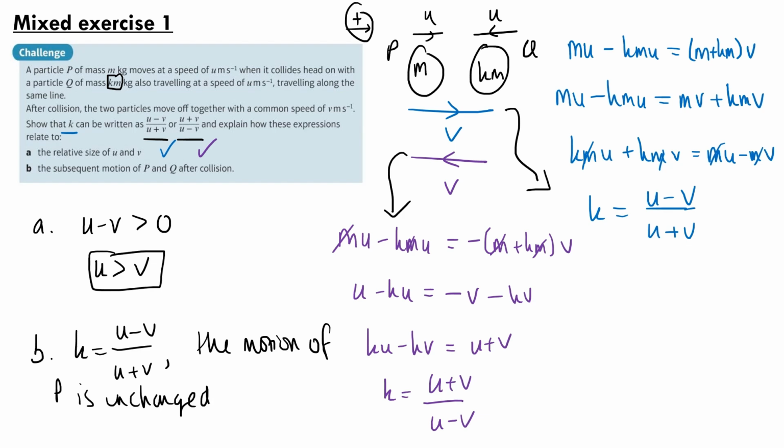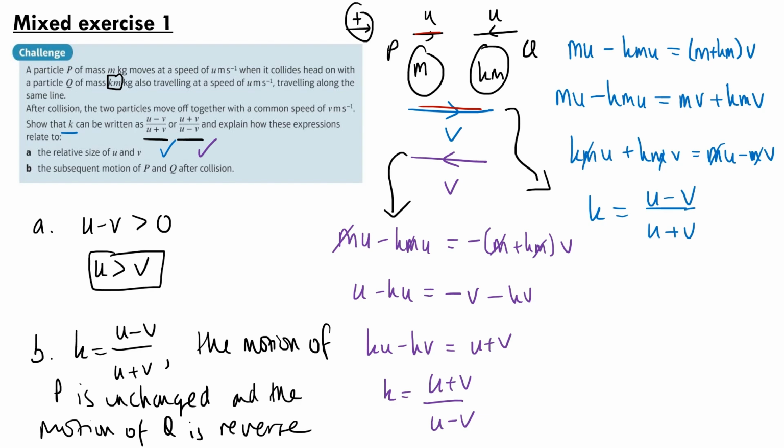We can't just say left to right because not all diagrams will look the same. We have to be specific and say that it's going to be in the same direction as P was moving initially. And then we can say the motion of Q is reversed, and vice versa for the other one.